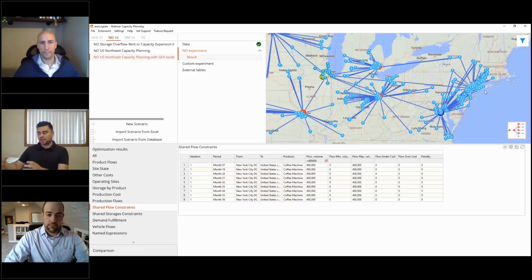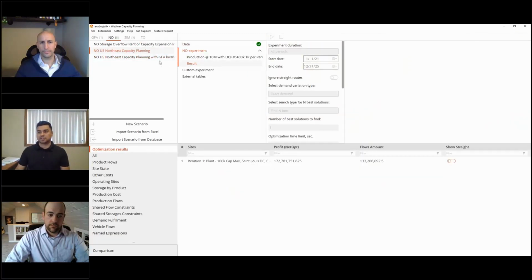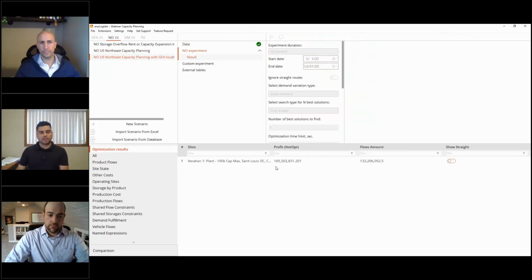But because we added another site in the east, it balanced it out and it's still very profitable. And we went from like 172 to 185, a $13 million improvement. There you go. And that 13 million is based on a 5 year run. So in 5 years, the profit would be $13 million.